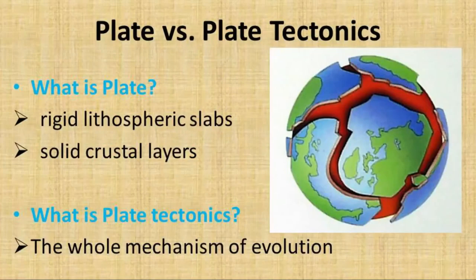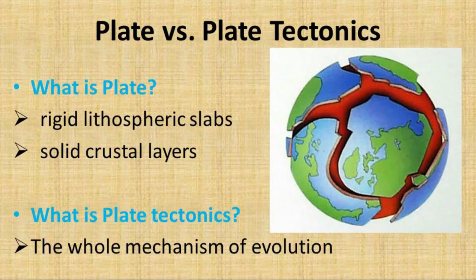So now in technical terms, what is the definition of a plate and what is plate tectonics? The plate can be defined as the rigid lithospheric slabs or solid crustal layers that are technically called plates.